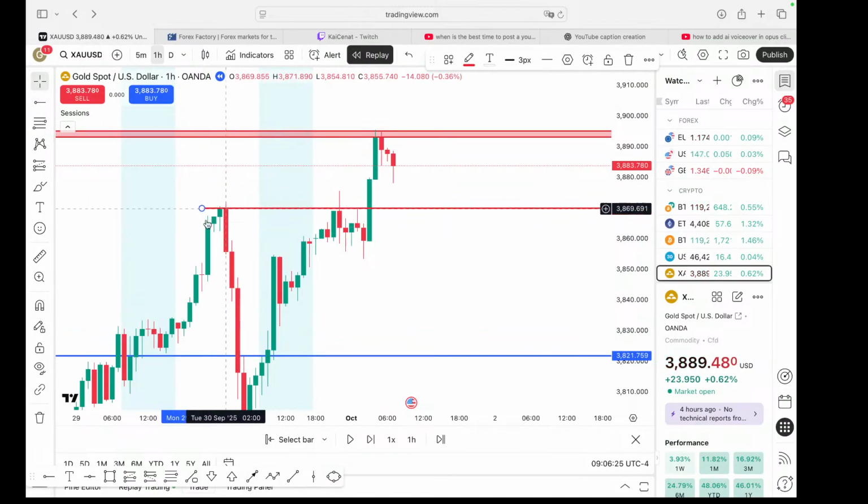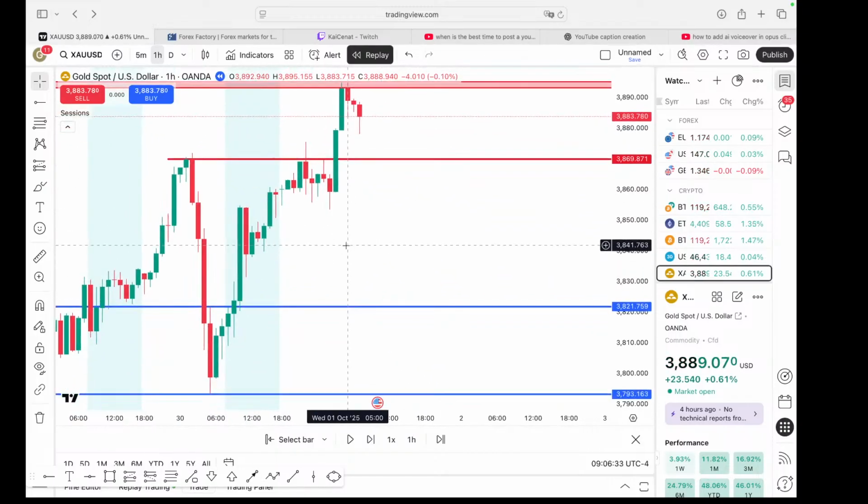Price just broke a high right here, made a higher high, as you can see right here. Now, we can get in at the retest or we can get in at the correction, right? Either or. That is how I trade. I take entry at the retest or the correction. If I am awake, I will wait for a confirmation that tells me it's time to get into a trade.